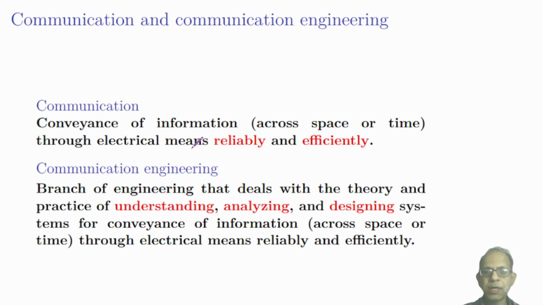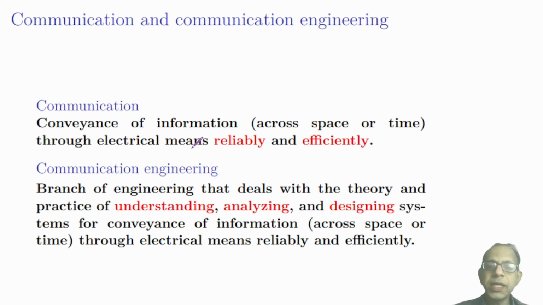In that case, the communication is across space. But there is another dimension to it. It is also possible to store some information now and retrieve it later. That is also a form of communication. That is communication across time. So, communication is conveyance of information across space or time.